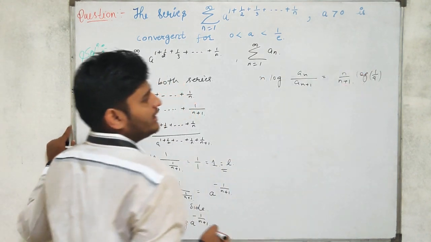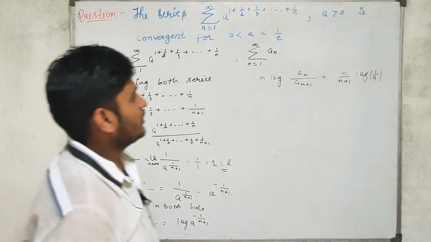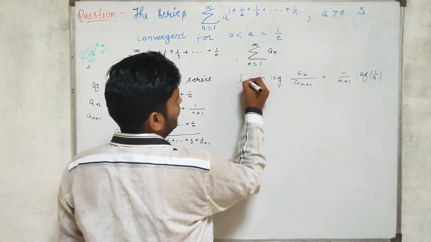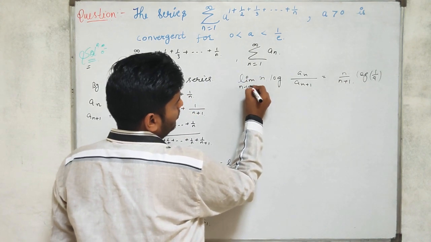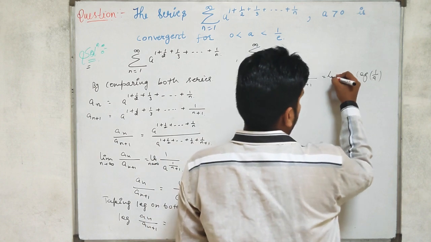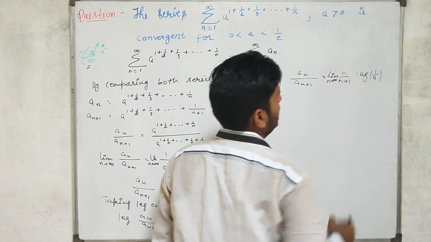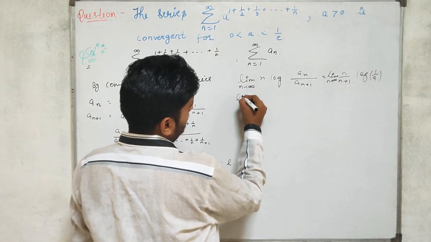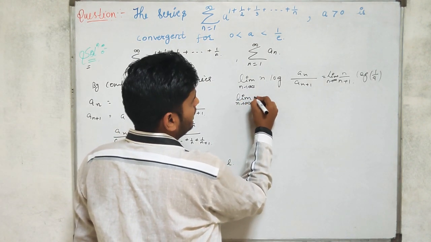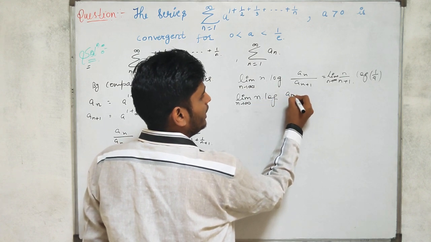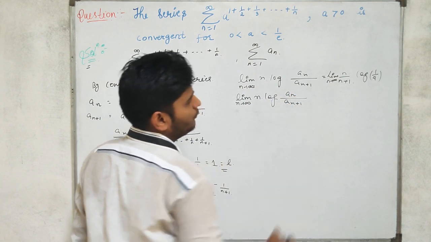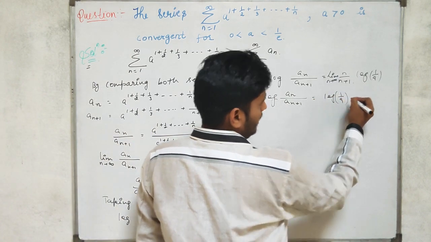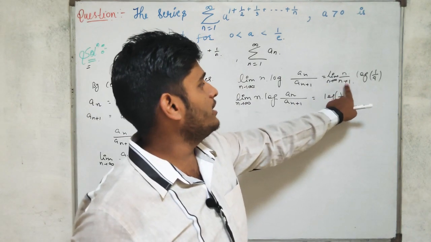Okay, and taking the limit on both sides as n approaches infinity, we conclude that limit n tends to infinity of n into log of an upon an plus 1 is log of 1 by a, and this limit is 1.